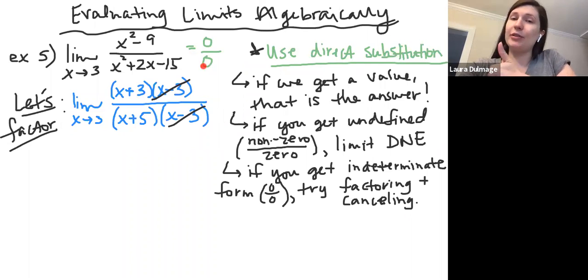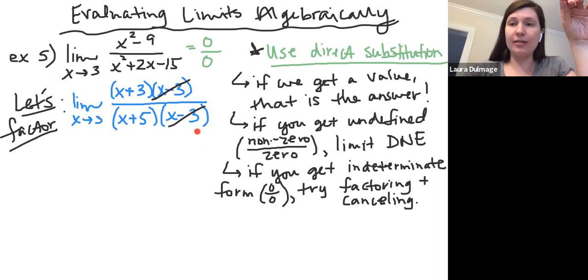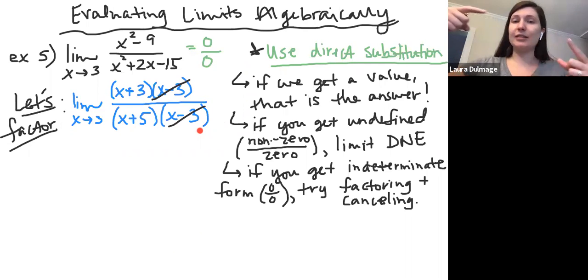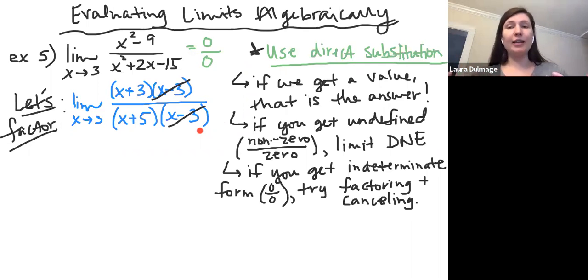Now we can plug in 3. What this is doing graphically is there's actually a hole in this graph at x is 3. It's a removable discontinuity. That means the limit still exists, there's just a hole there.